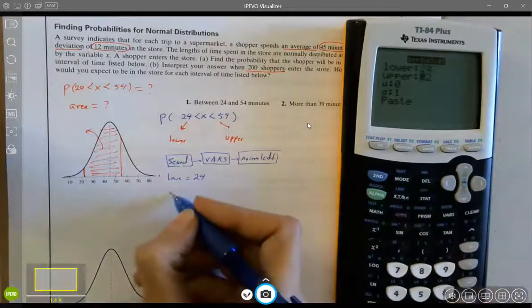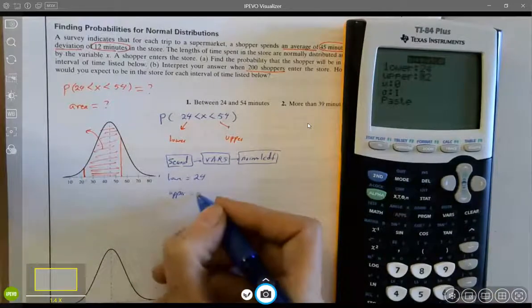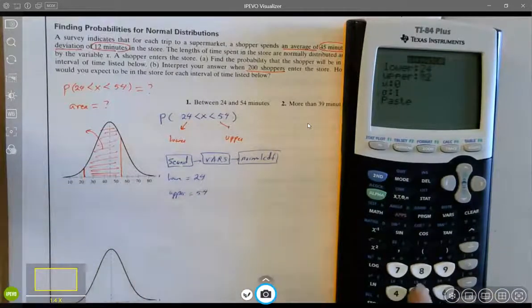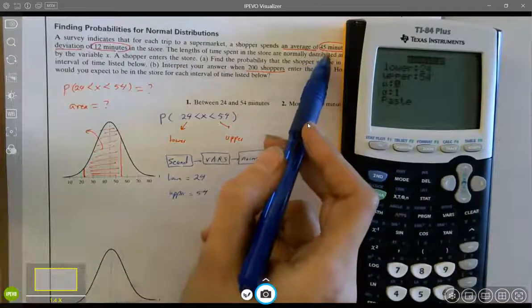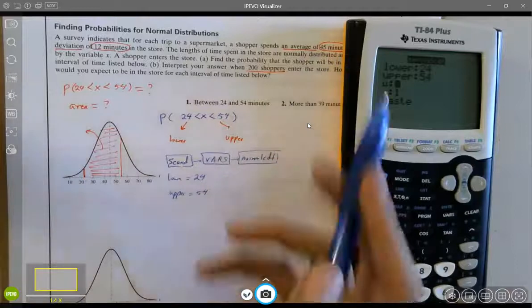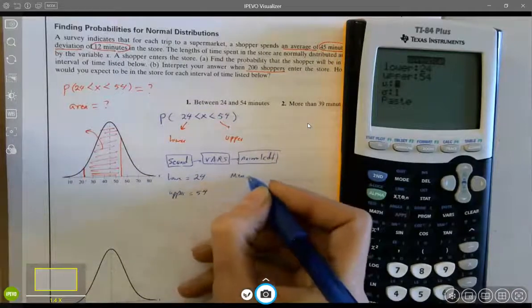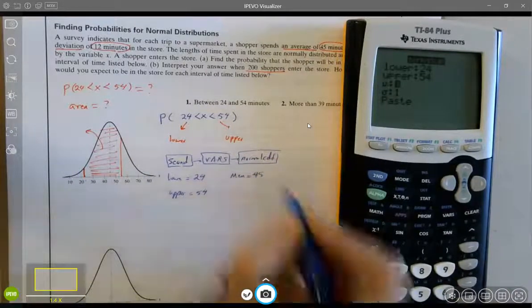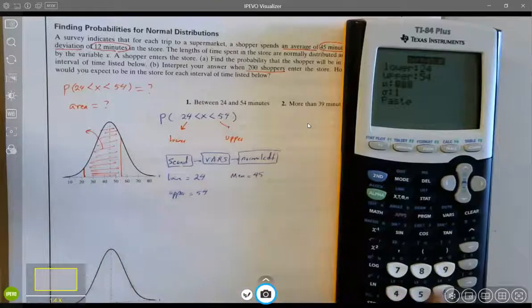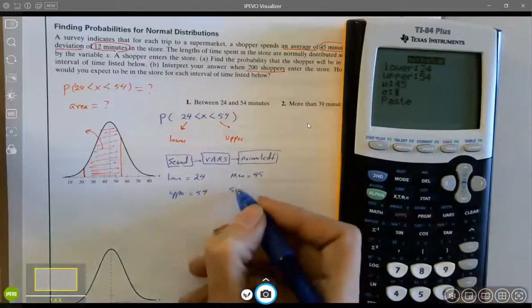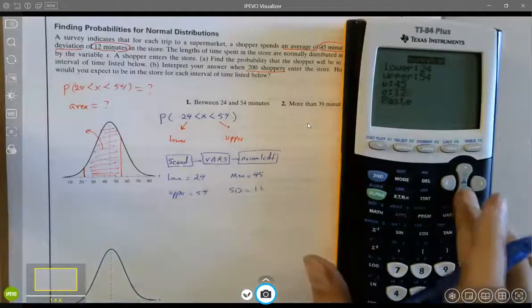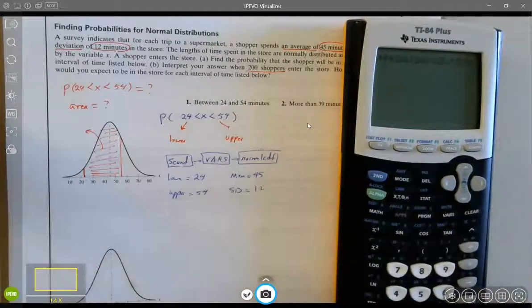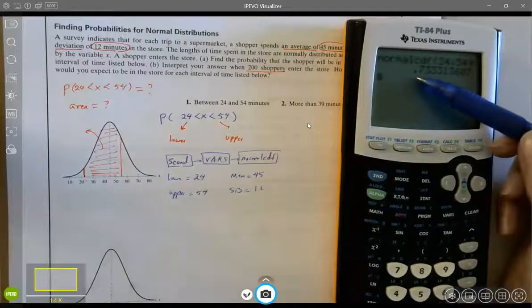Our upper bound is given to us as 54. Mean, what is the mean? Mean is given to us as 45 minutes, and the standard deviation is 12 minutes. We have all the information, and then the probability is almost 73%.